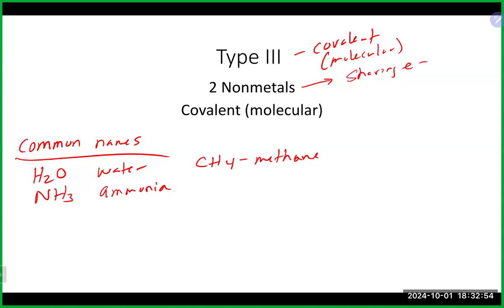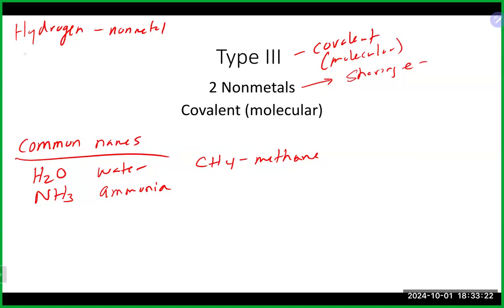The other exception to nonmetal and nonmetal is what we talked about a second ago, and that involves hydrogen. Even though hydrogen is, for all intents and purposes, a nonmetal, in a lot of situations it behaves a little bit like a metal. So when we name things that have hydrogen in front, we often think of it as H plus, like we just did with the acids.